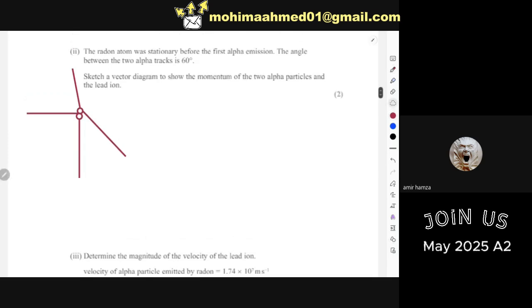Yeah, sorry, lead. So this is for radon, this is for alpha 1, this is for alpha 2, and this one is for lead. And by the way, this was your polonium.